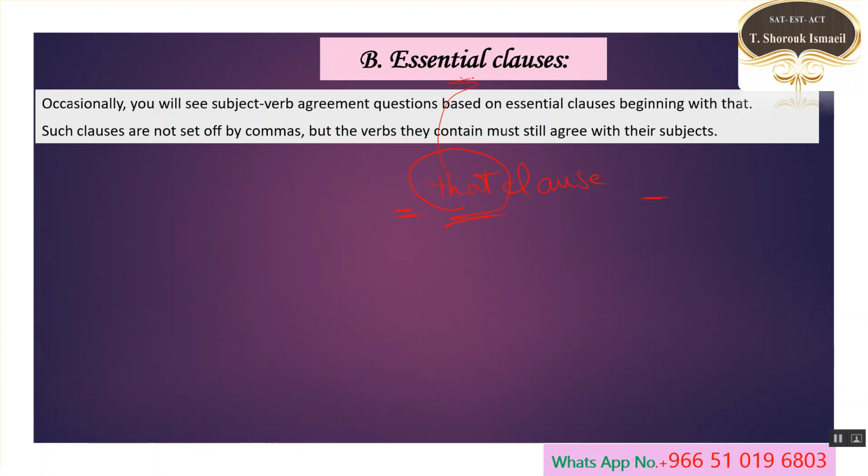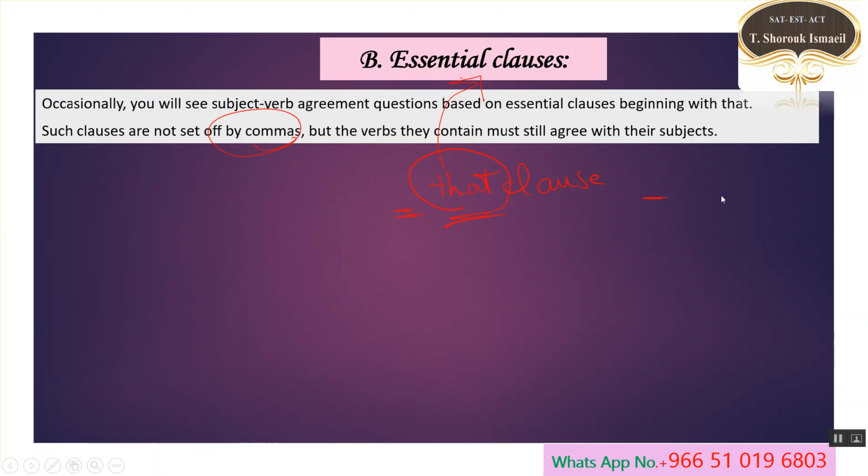It is necessary for the sentence to stand and give me a correct meaning. You will see subject-verb agreement questions based on essential clauses beginning with that. Such clauses are not set off by commas. But the verbs they contain must still agree with the subject. The that clause itself has a verb inside it, and it has to agree with the subject too.